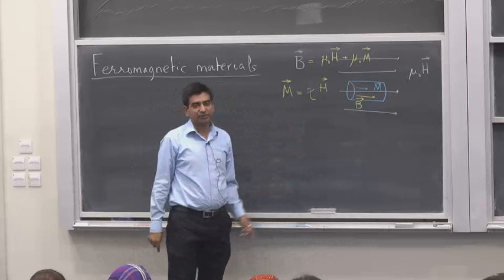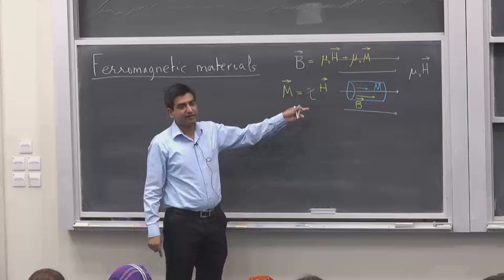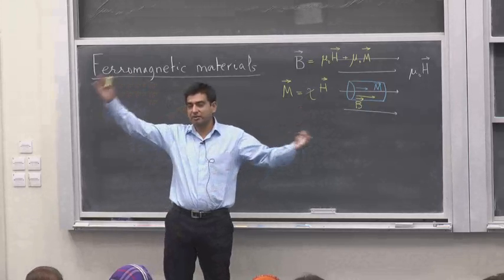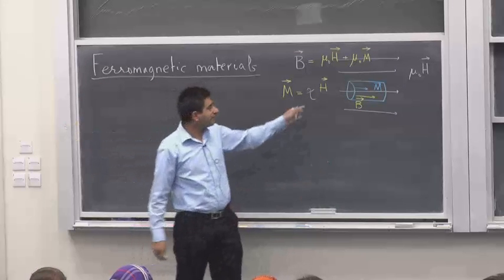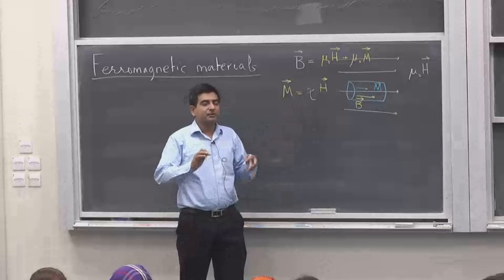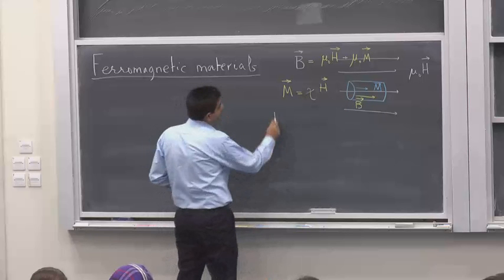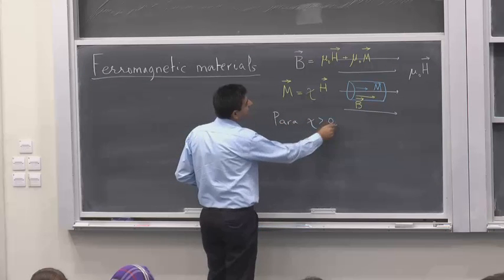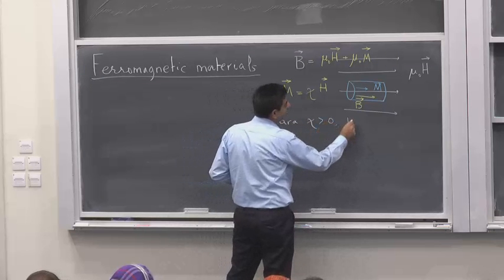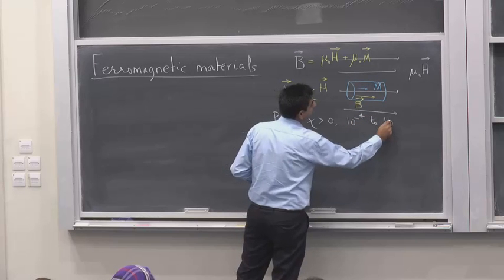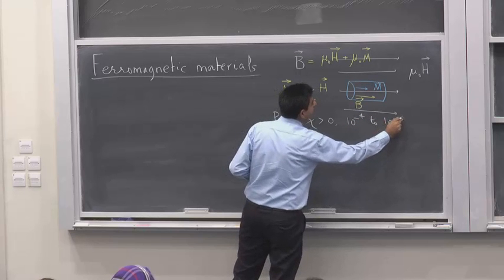This chi can be positive. It's positive for paramagnetic materials and for ferromagnets. For ferromagnets, it takes up a large value. For diamagnets, it is negative. So for paramagnets, chi is positive and really small, of the order of 10 to the power minus 4 to 10 to the power minus 6 or minus 5 perhaps.